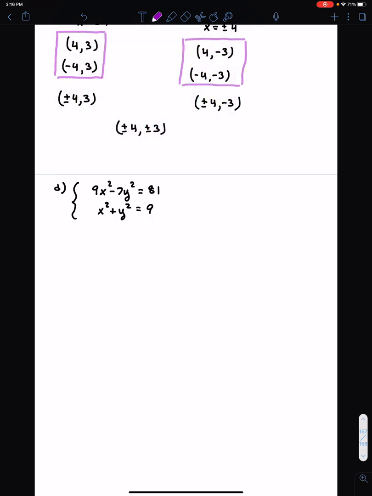I'll multiply the bottom equation by 7 to get the y squareds to cancel out. So the top equation stays as is. 9x squared minus 7y squared is 81. And then 7x squared plus 7y squared is equal to 63.